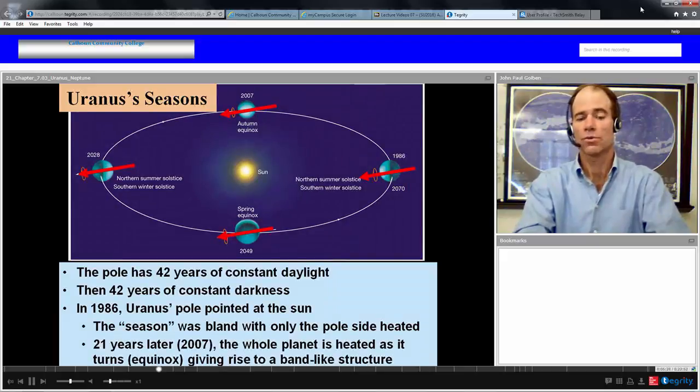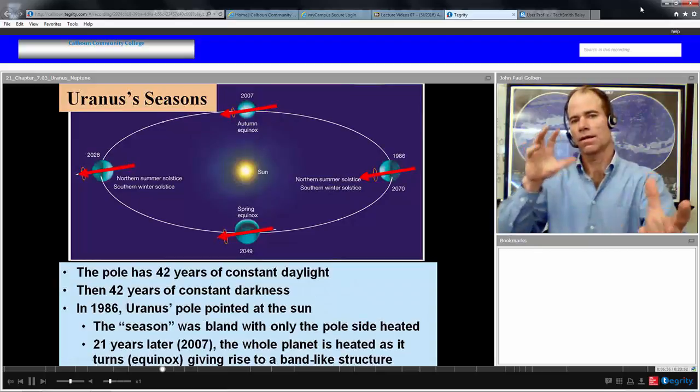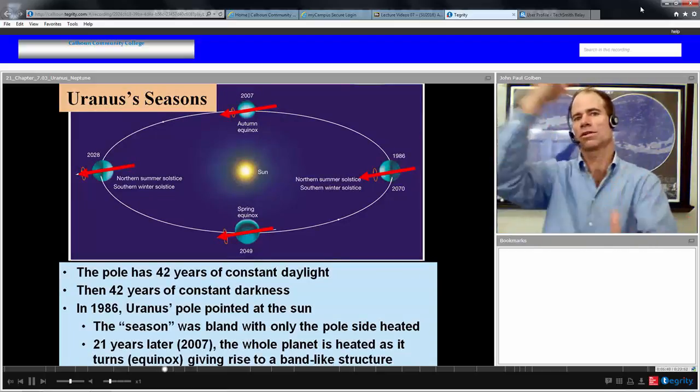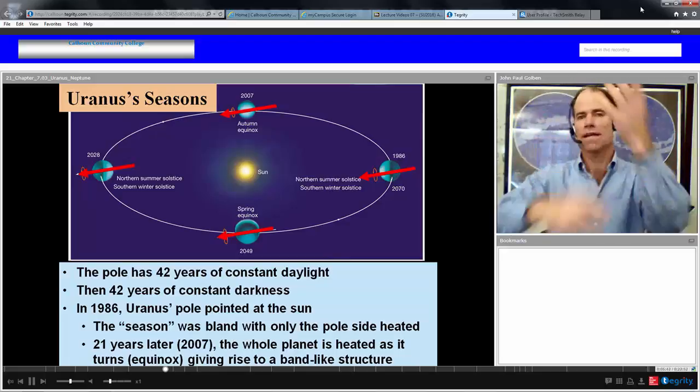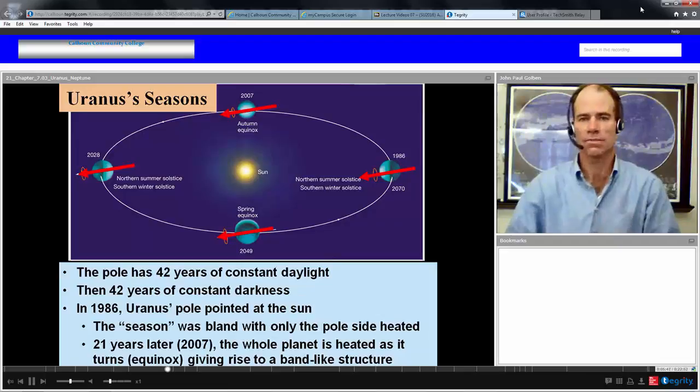Now 21 years later, in 2007, we have this orientation where the equator of Uranus is facing towards the sun. Uranus is spinning with the sun hitting it as it's spinning, and hence it has differential heating, and this gives rise to the band structure that is observed now on Uranus.